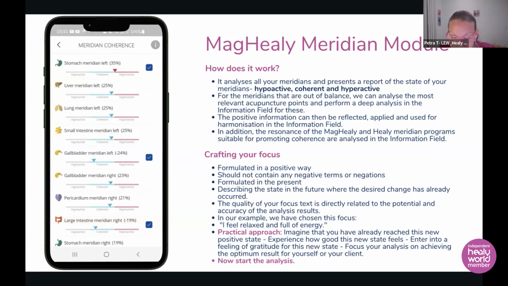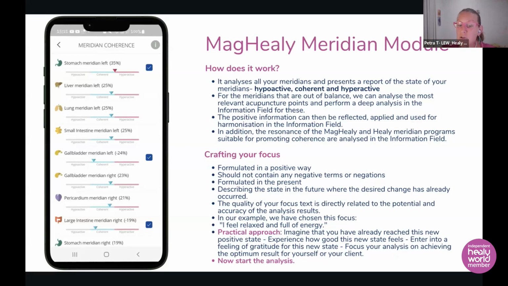And what I like to do is actually put my focus into practice, meaning that you actually activate the emotional side of the quantum field, right? Because we're working with the quantum field. So imagine that you have already reached this new positive state, the focus that you chose, before you scan yourself.